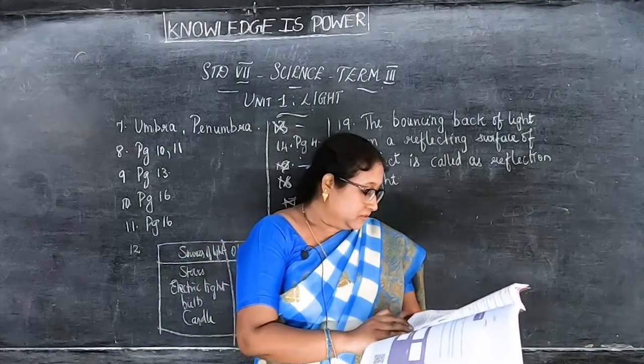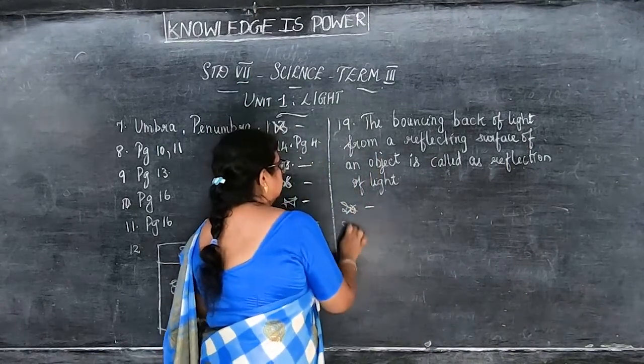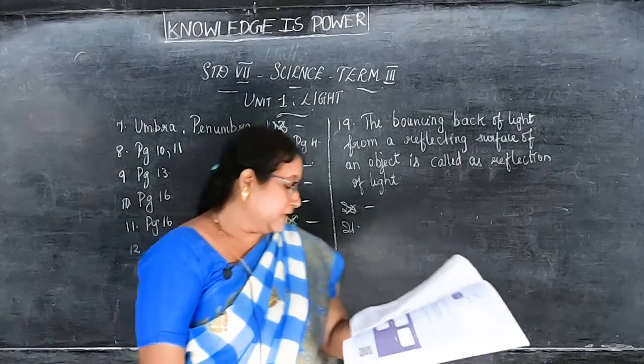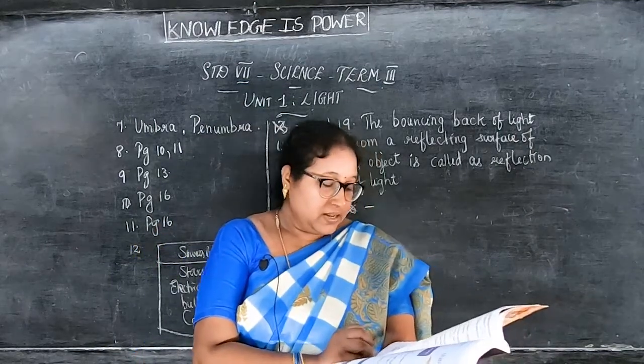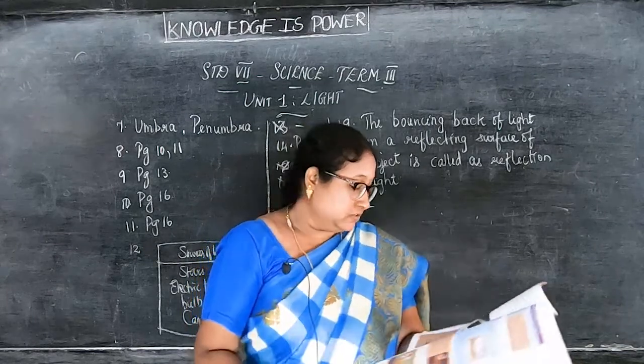Then 20th, no need, children, just put a cross, no need for that question. Then 21st, what do you mean by lateral inversion? Take down that answer also.